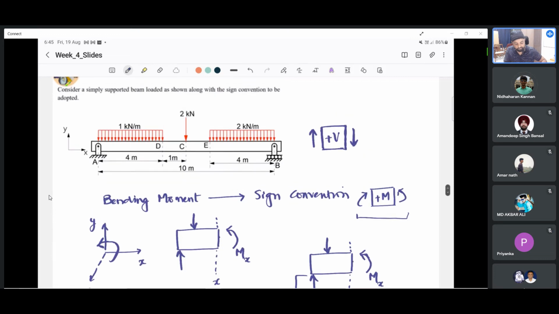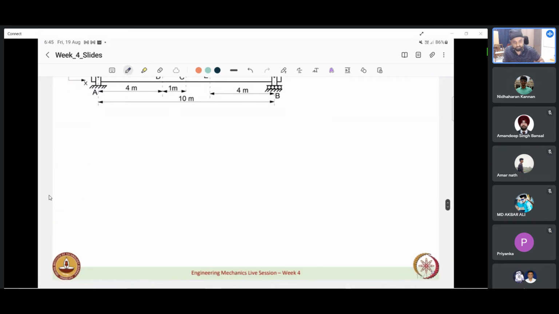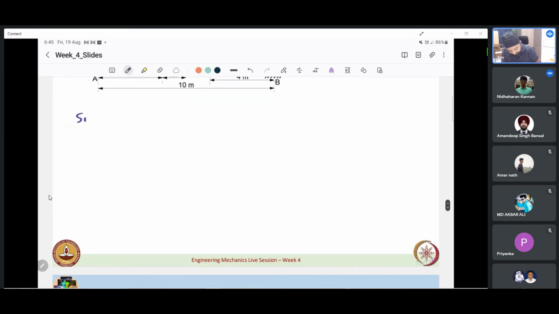Only thing we must remember is that you also take note of this, that sign conventions shown are at a section. What this means is, this box which you see, it is not a part of a beam.